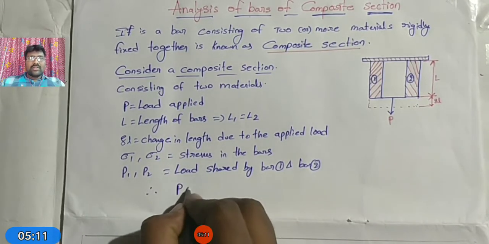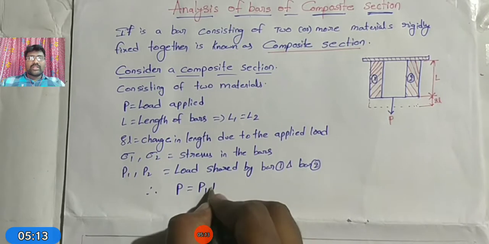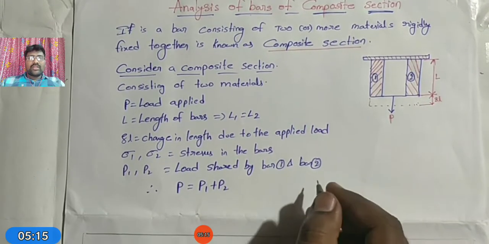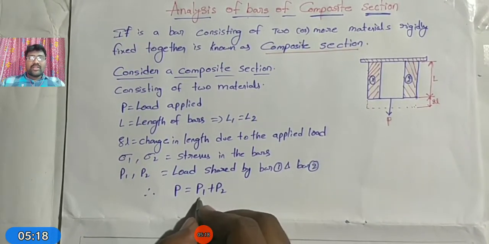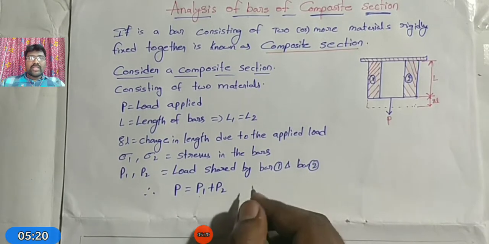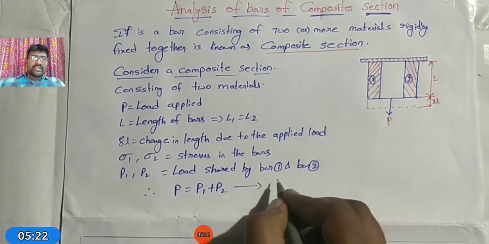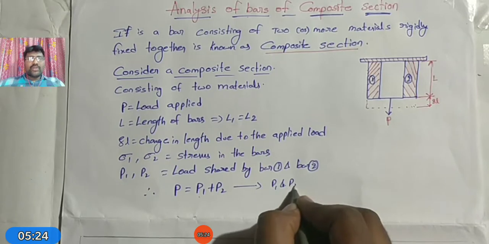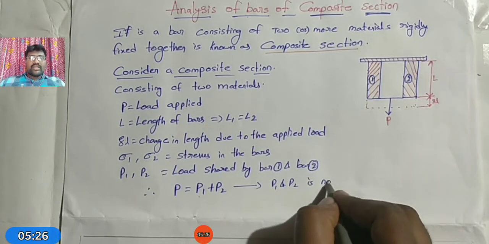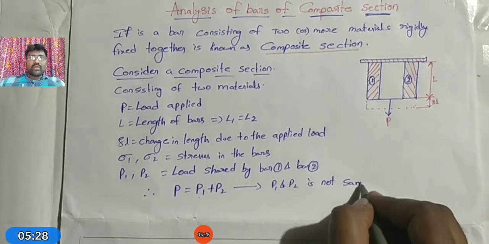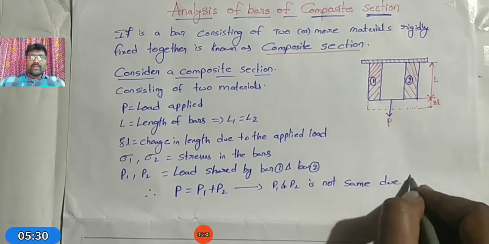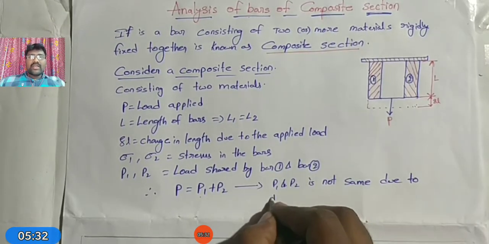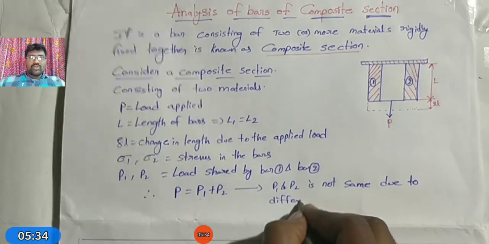Therefore, the total load is shared by bar 1 and bar 2, so it can be written as the equation P equals P1 plus P2. Here P1 and P2 are not the same because the materials are not the same.